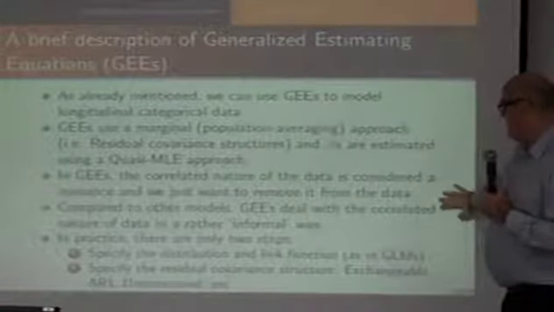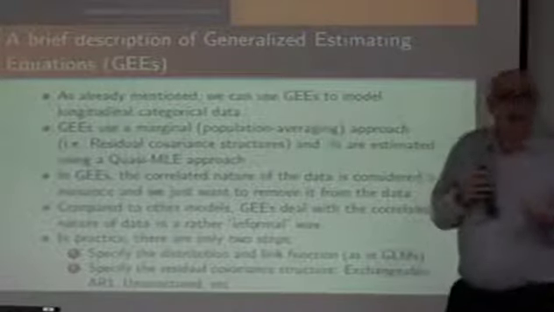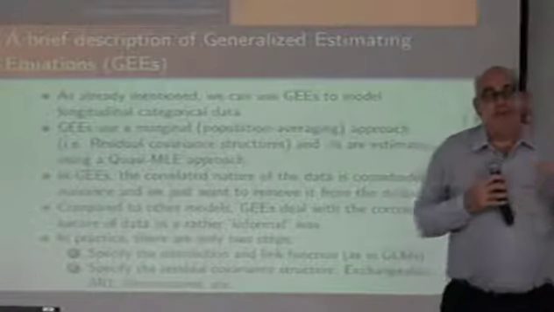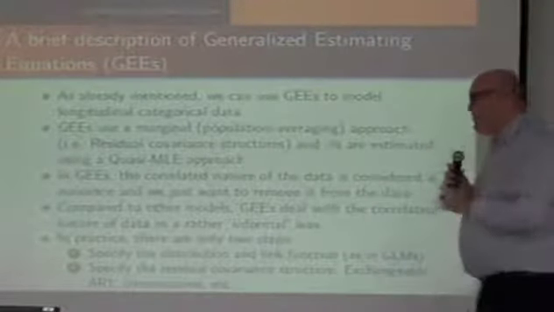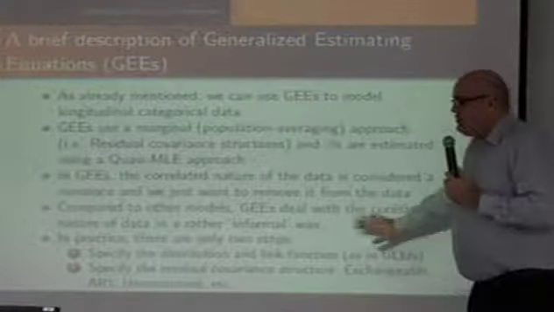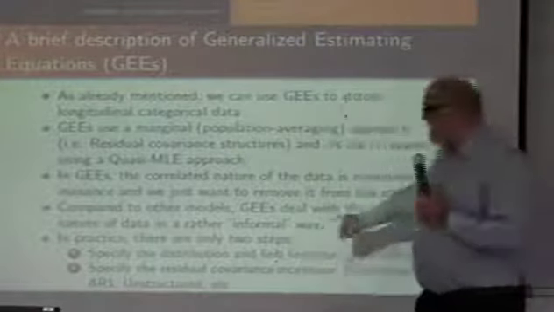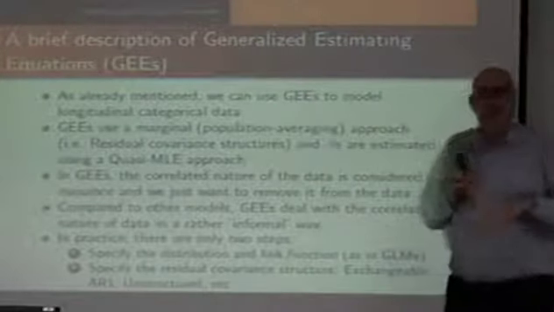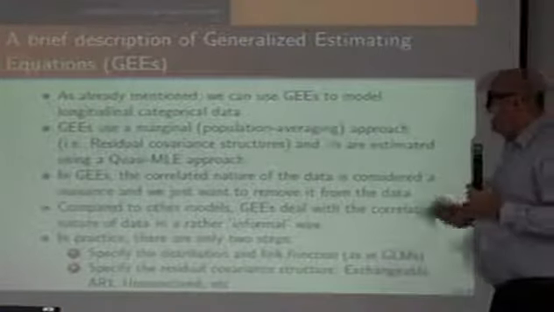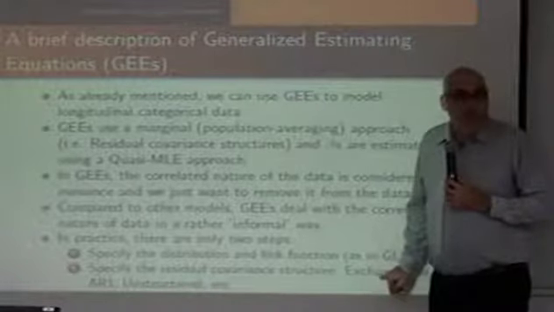Compared to other models, GEEs deal with the correlated nature of the data in a rather informal way. They use what's called a working matrix, and I actually won't go into too much detail about that. In terms of how we use them, all we do is we specify the distribution and link function as we would with a generalized linear model, and we specify the residual covariance matrix as we would with a marginal model.